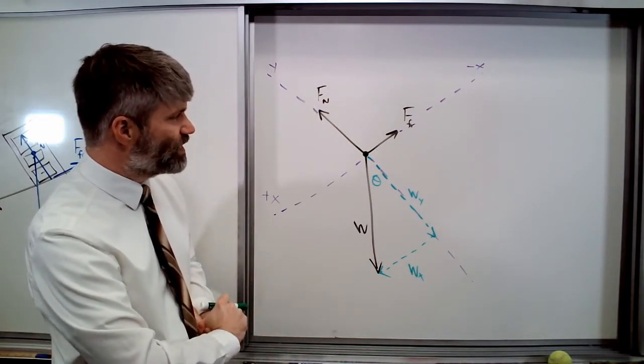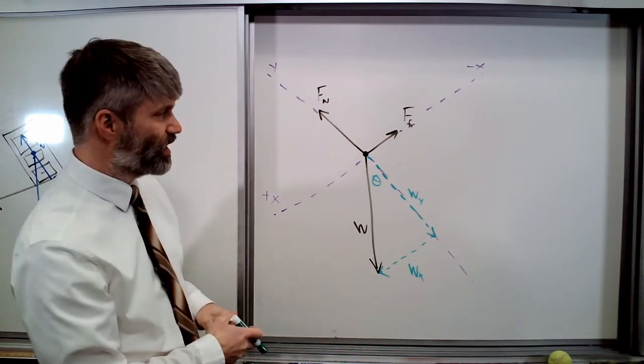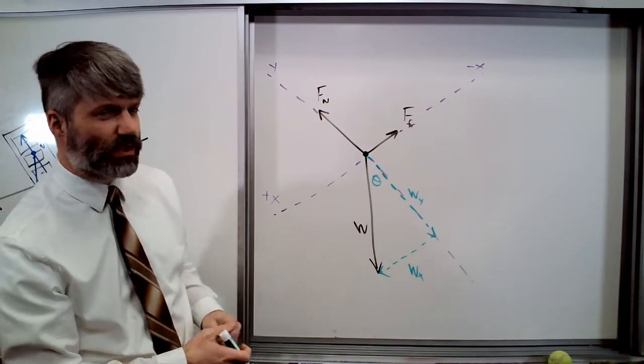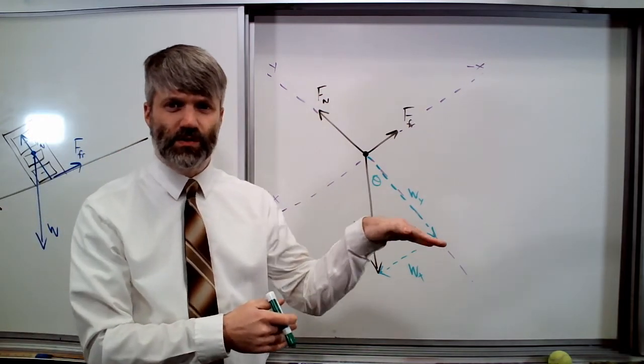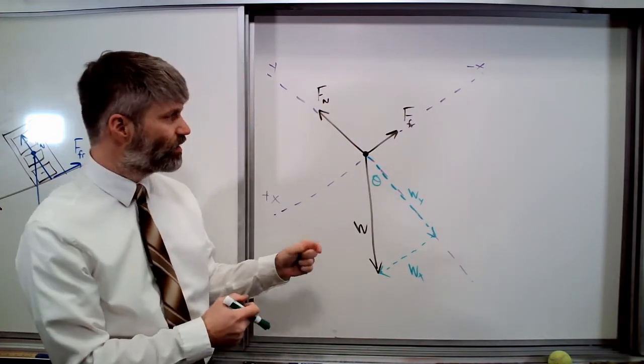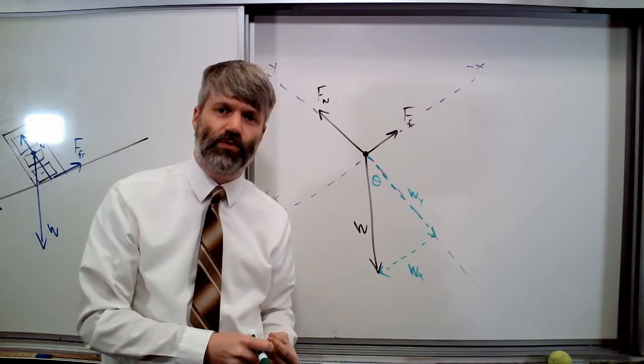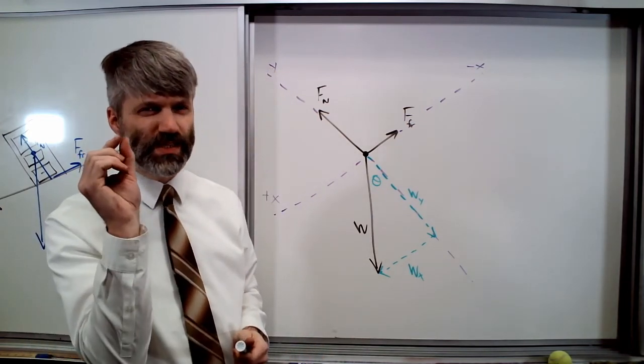So what we're going to see, and we'll see that my free body diagram is not quite drawn to scale as it should be, but what we're going to see is, in order for it to just start to slide, for it to just start to accelerate, there is when the force of friction is equal to the x component of the weight, and then there is that moment just after.